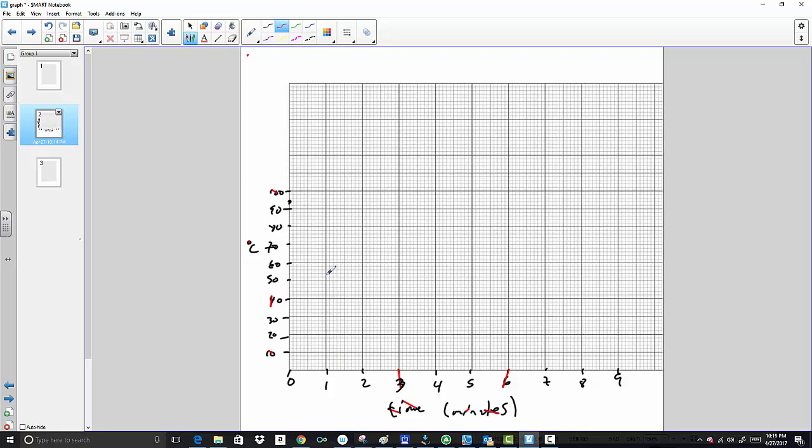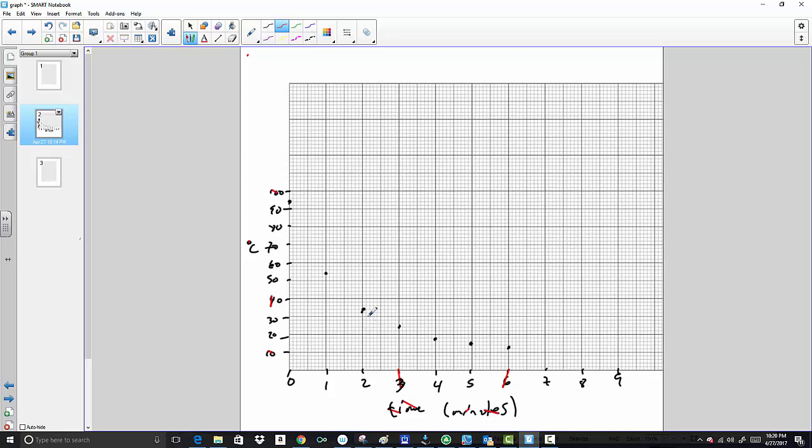So 1 and 54, just kind of guess about where it is. 2 and 34, and really just going to go through this kind of quickly, and don't be exact necessarily. 3 and 24 should be roughly accurate. 4 and 19, which is about right there, and then 5 and 16.5, which is about right here, and then 6 and 15.25, which is about right here. And you can see you start to level off a little bit. Okay, so there we go. We plotted those points.